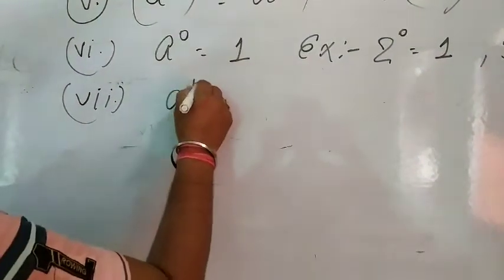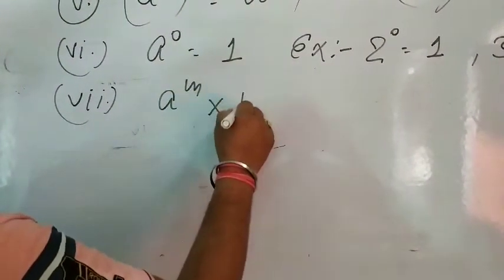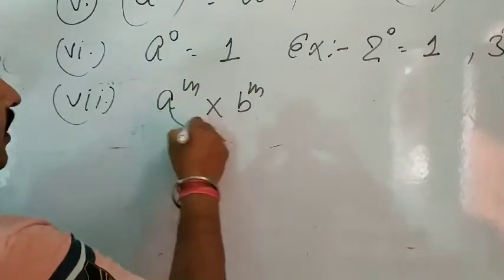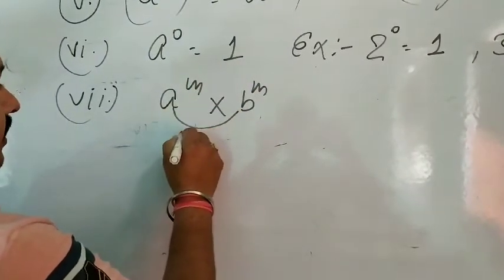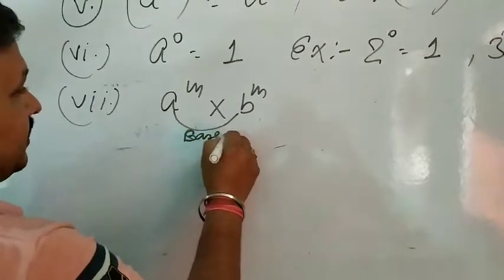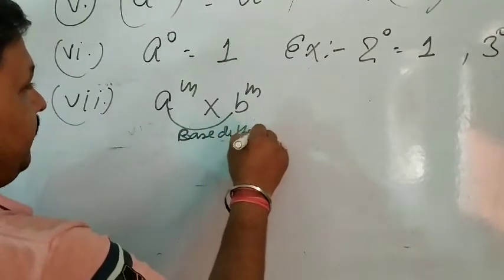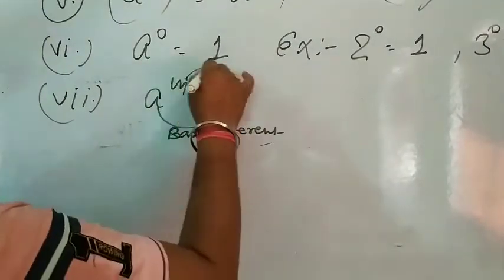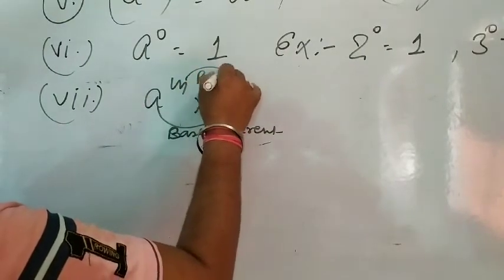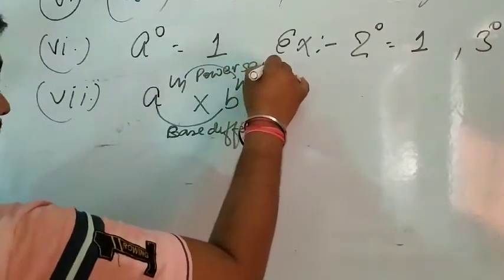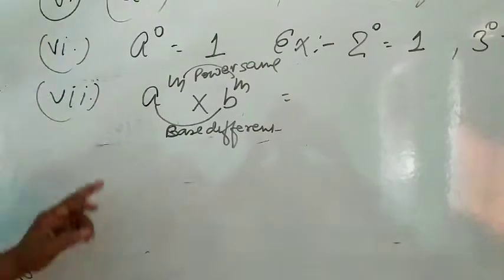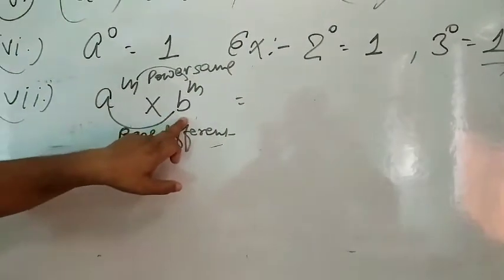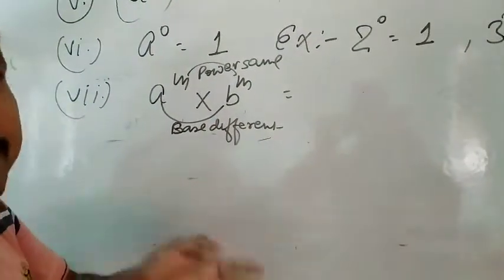If a to the power m into b to the power m, the base is different and the power is the same, then the bases are multiplied and the power is simply m.